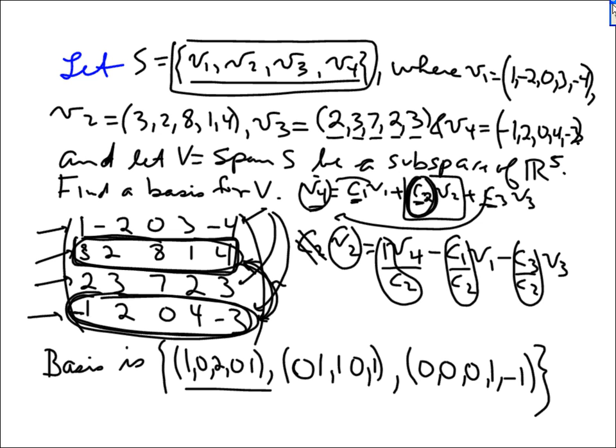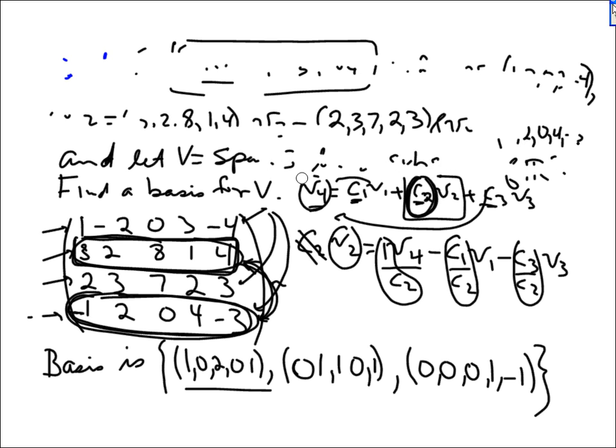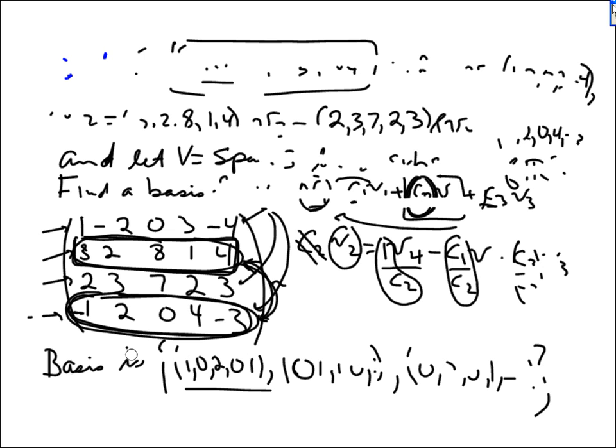Okay. So, I'm going to look at this again. The matrix A and what we got in reduced row echelon form. And then I'll say something that can make it a little bit easier.